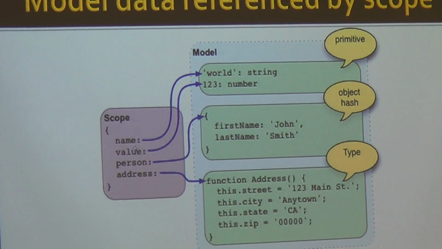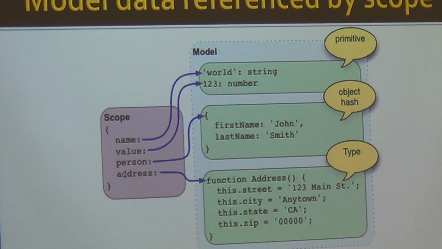But the concept of a scope is a JavaScript object, and the object then has, not pointers, but references to whatever you consider in the model.